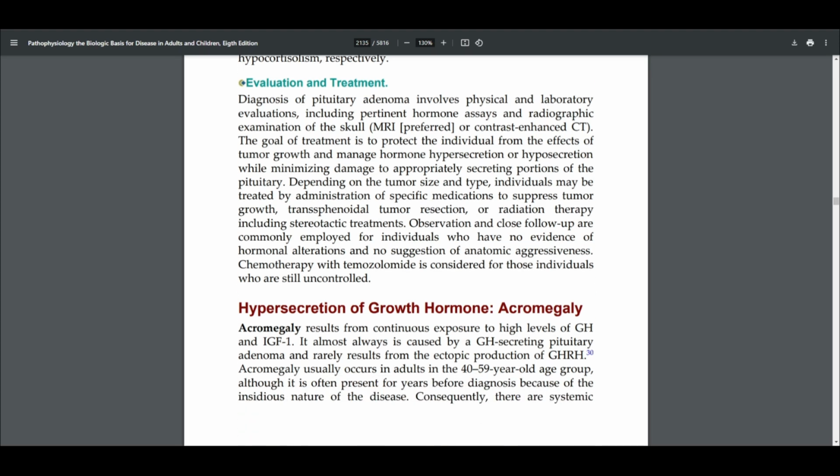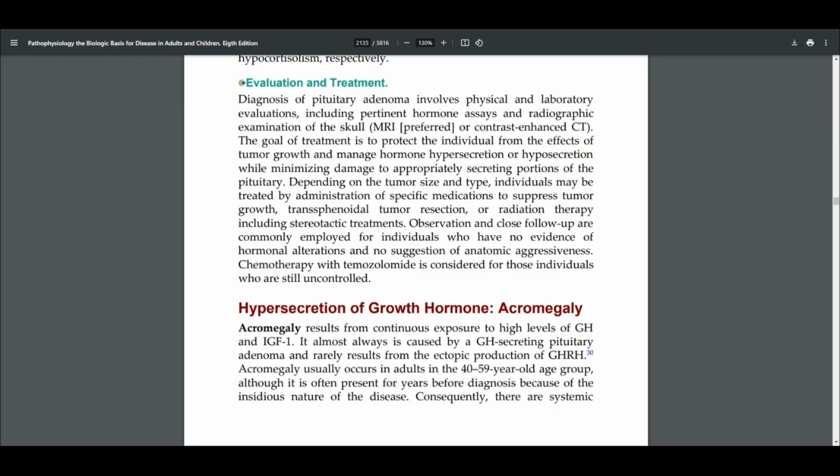Evaluation and treatment. Diagnosing a pituitary adenoma involves physical and lab evaluations, including pertinent hormone assays and radiographic exams, with MRI preferred, or contrast CT. The goal of treatment is to protect the individual from the effects of tumor growth and manage hormone hypersecretion or hyposecretion while minimizing damage to the appropriately secreting portion of the pituitary.